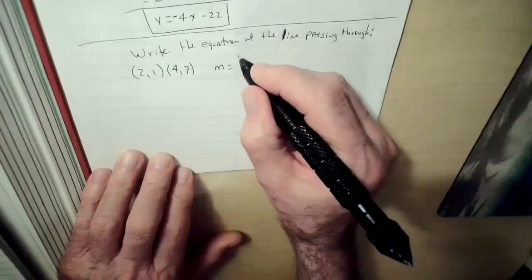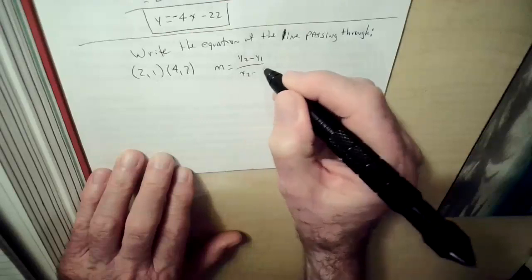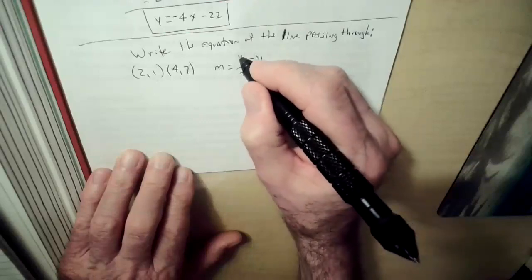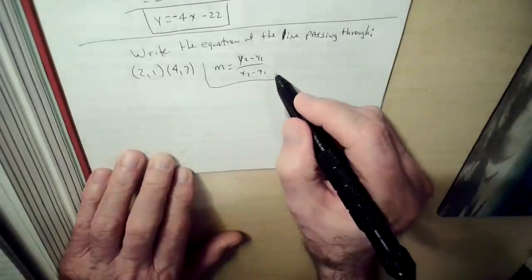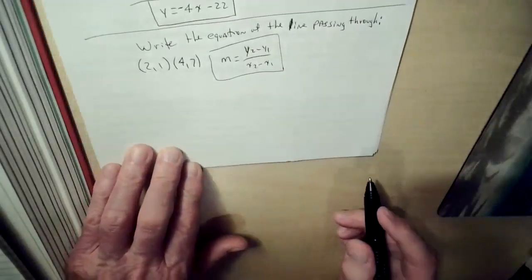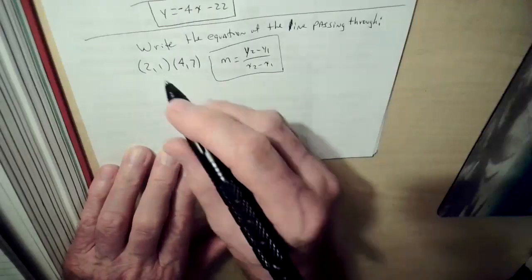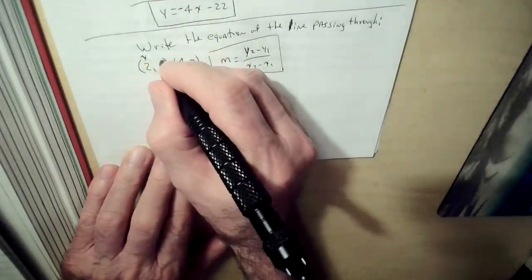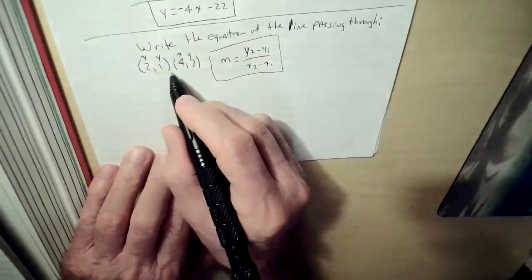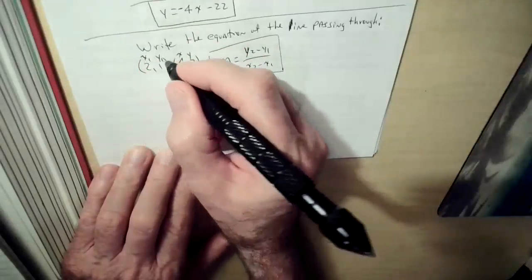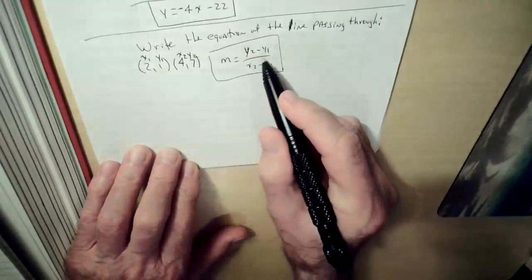Slope. Slope is called M equals y2 minus y1 over x2 minus x1. This is a y here. So what is our y2 here? X and Y. This is the first coordinate, so we're going to call it x1 and y1.